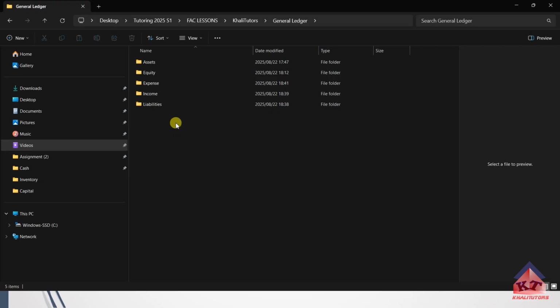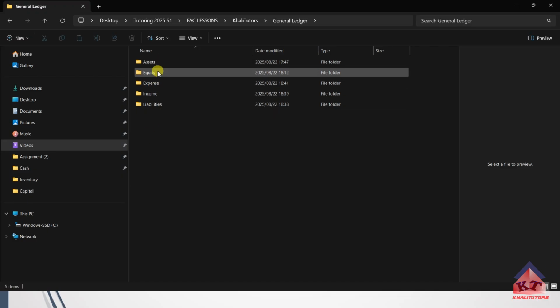Okay, when we record an increase in asset accounts, we record that information on the debit side of the account. And when we record a decrease in assets, we record that information on the credit side of that account.